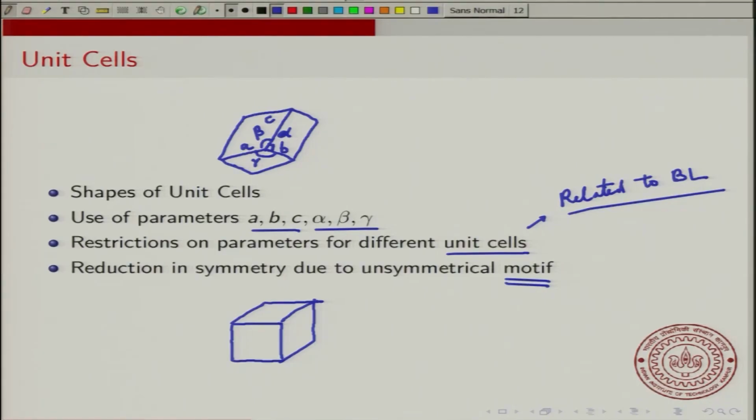Now suppose I put some unsymmetrical unit, something that looks like this object, and let me take just a primitive cubic. So the lattice is definitely a primitive cubic lattice, but I have this unsymmetrical motif.